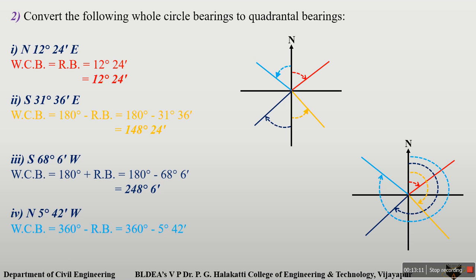So in that condition our formula will be WCB is equal to 360 degree minus RB, that is equal to 360 degree minus 5 degree 42 minutes. Difference of these two will get our WCB value, that is 354 degree 18 minutes. These are the conversions from the whole circle bearing to the quadrantal bearing.